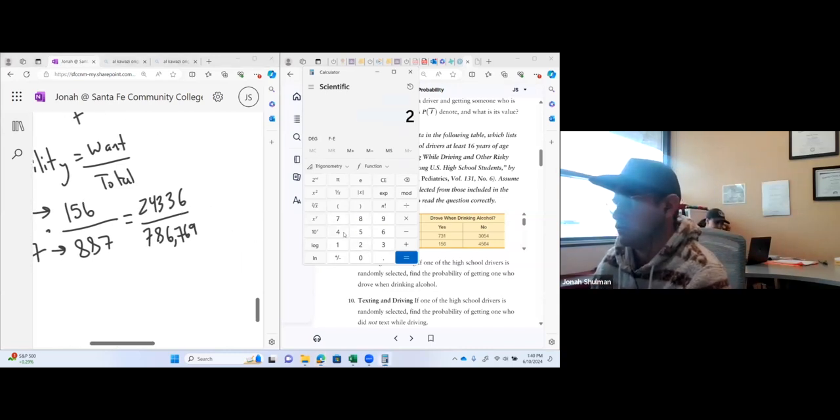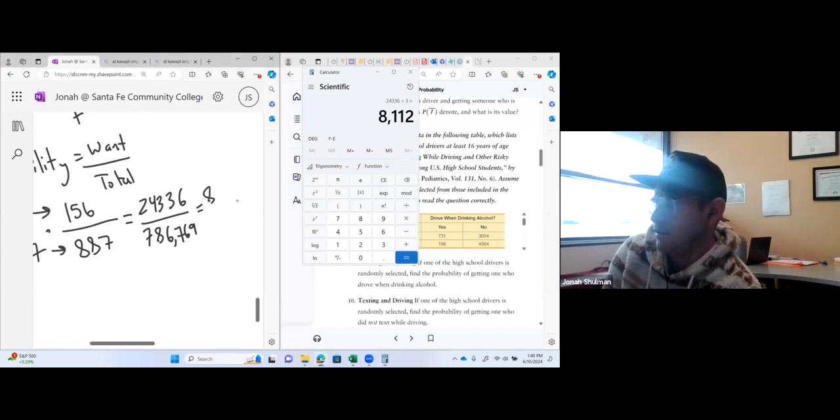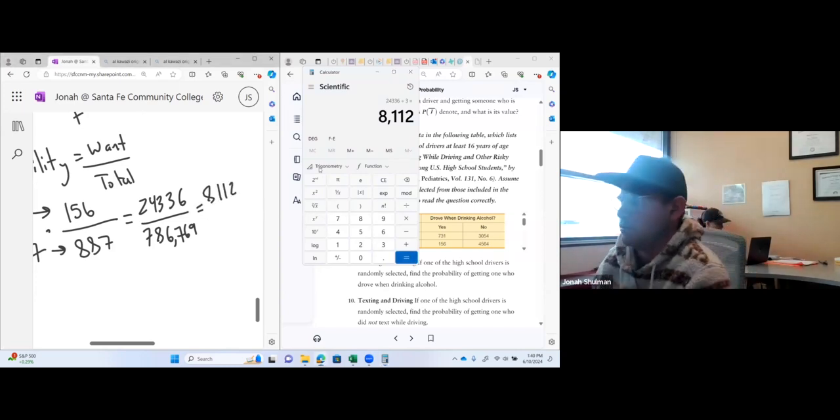It's going to be 24,336 divided by 786,769. I think I can divide them both by 3. Yeah, 8,112 over 786,769, right?